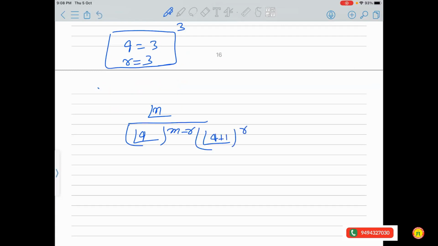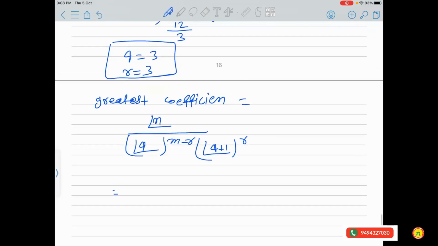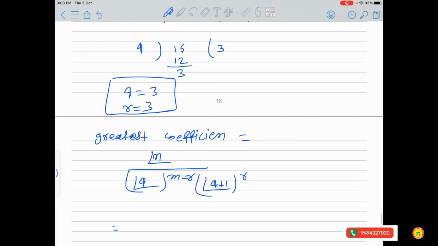Greatest coefficient equals n factorial upon q factorial power m minus r, q plus 1 factorial power r.